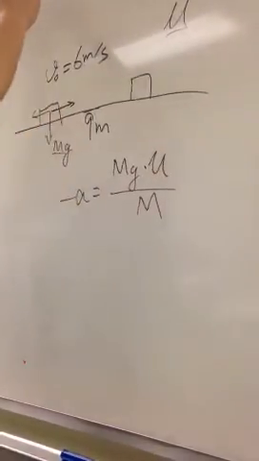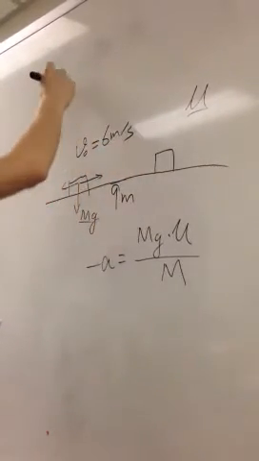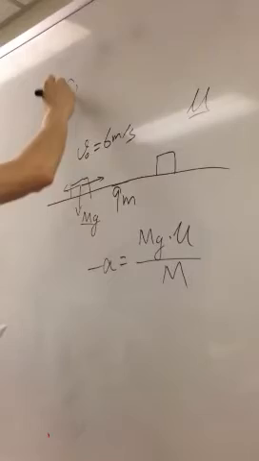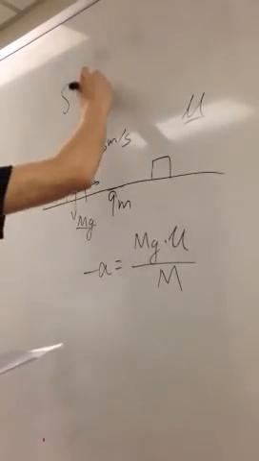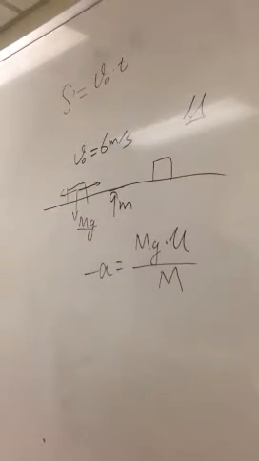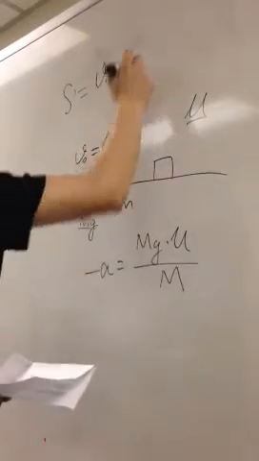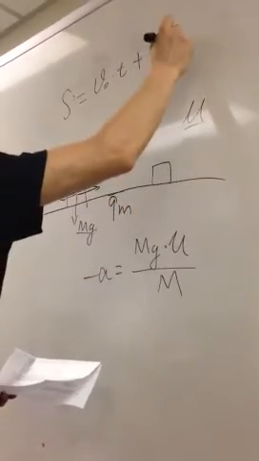So what we want to do is use the distance equation, s is equal to v times t plus one half a t squared, right? Okay. So we know the a.